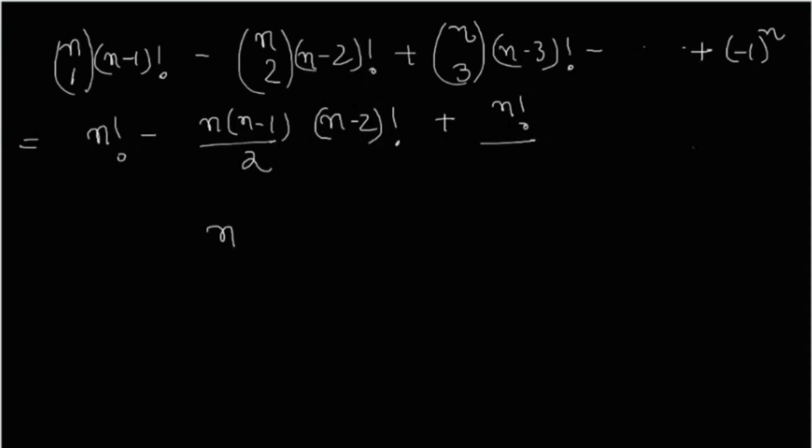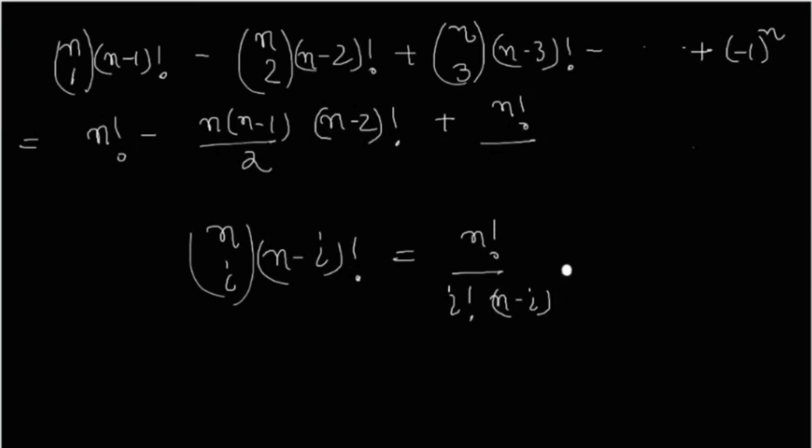So what does this term look like anyways? Looks like n factorial by i factorial. Right?